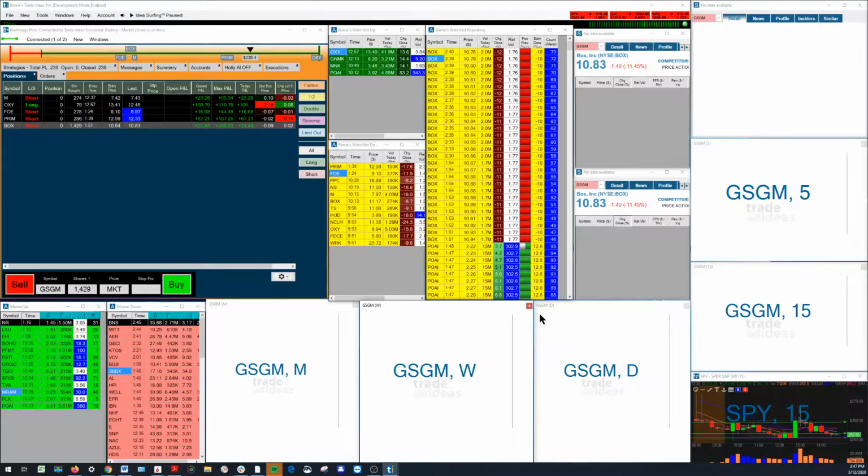That must be a wrong symbol, Asia. GSGM. I'm going to make sure my eyes aren't deceiving me. I have typed in GSGM. Nothing's coming up. Well, is it a pink sheet stock or something? It doesn't come up on Interactive Brokers either. Aha, you see?